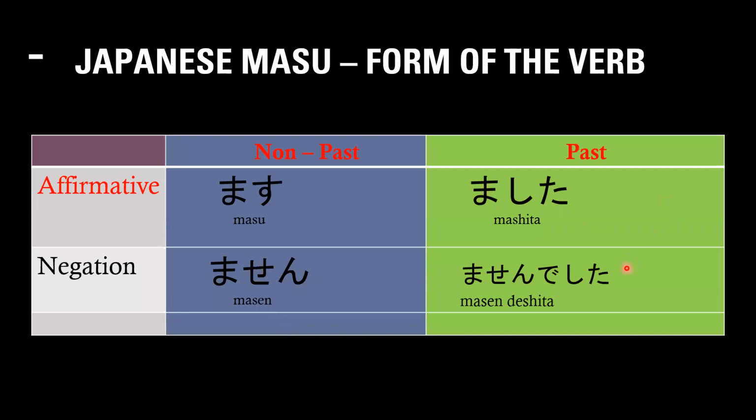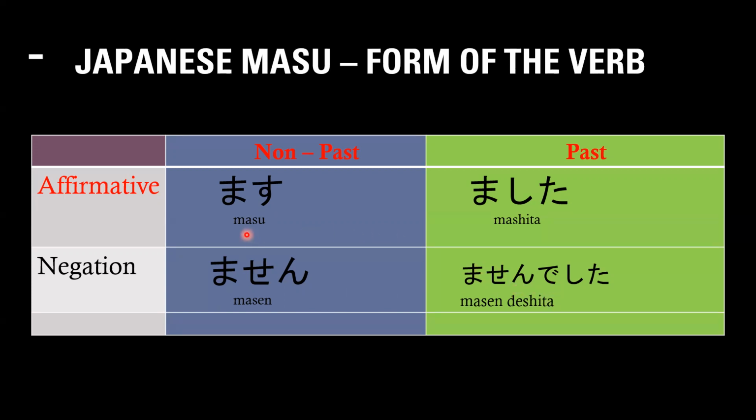And this one, masen deshita, to be honest, medyo I find it very unique for Japanese. Kasi ano siya, it's an expression that the action was not done or hindi mo siya ginawa in the past tense. So parang in English parang medyo mahirap siyang i-translate. For me, nahirapan ako i-translate siya. And we rarely use this masen deshita.